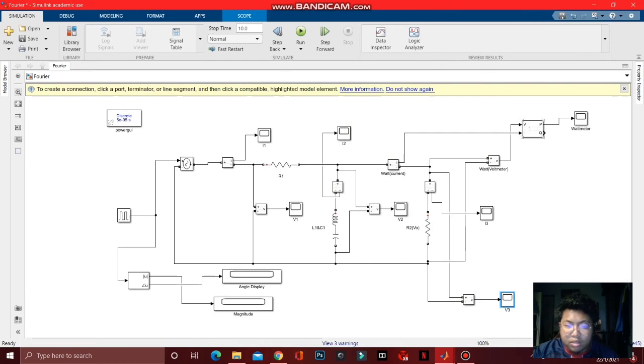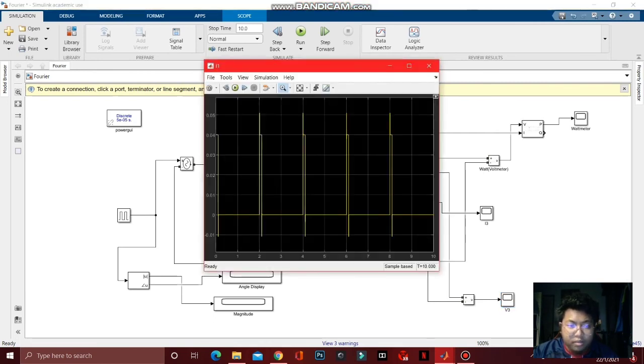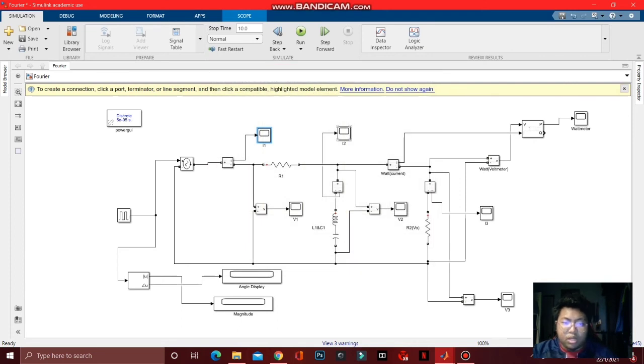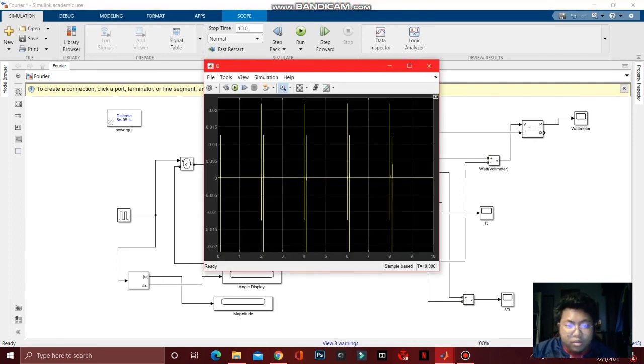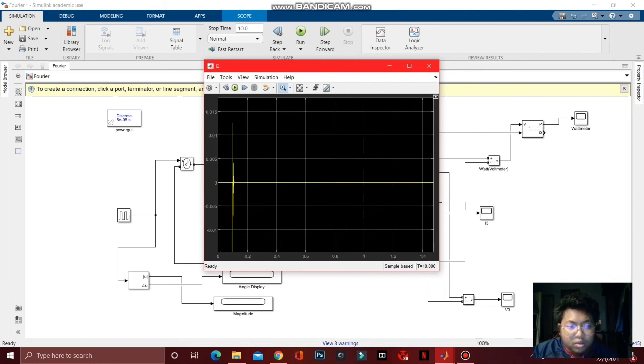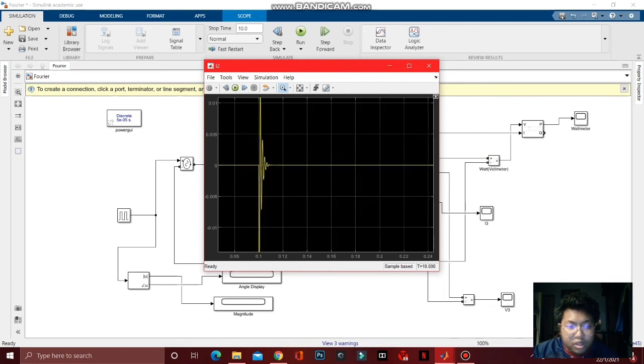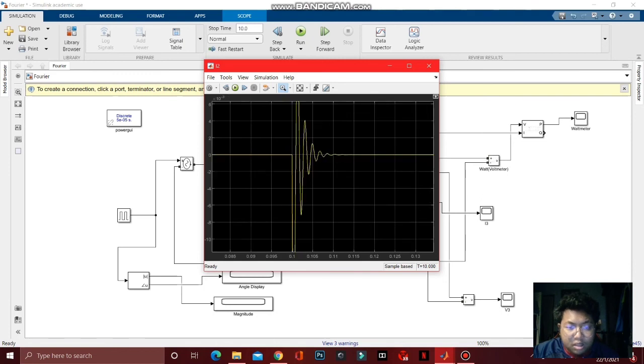And next we continue to the ammeter. For the ammeter we get around 0.04 for the I1, which the result is also the same as the manual calculation. Next we look at I2. At the I2 we get around 0.03 as we see in the graph.